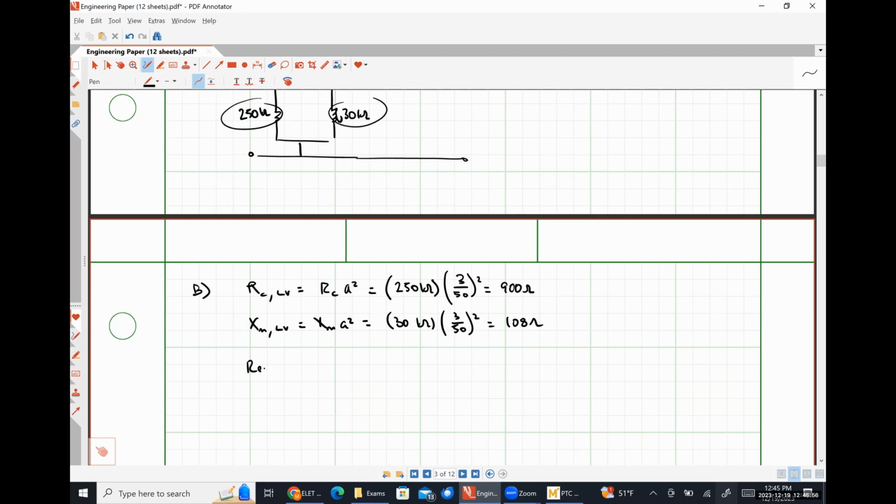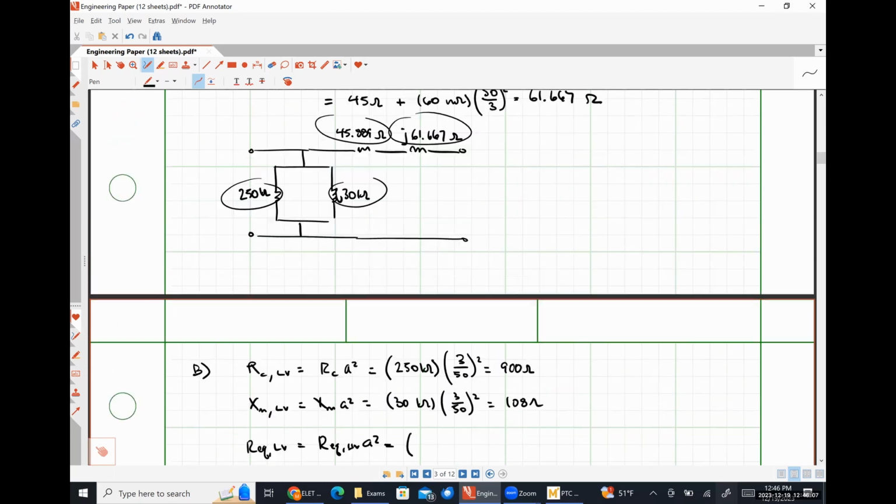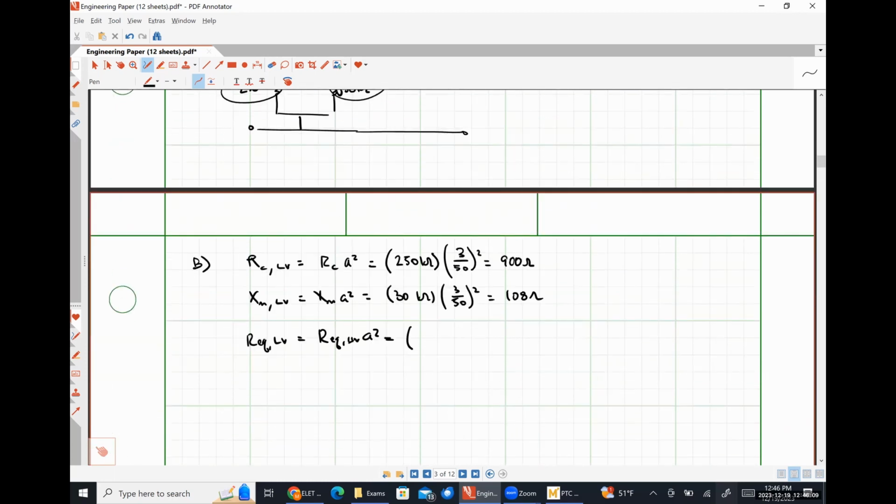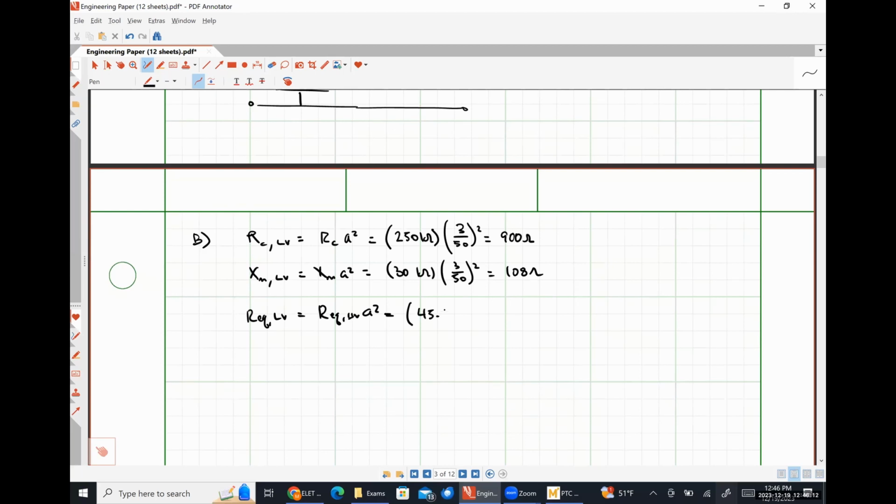And then REQ on the low voltage side is just going to be REQ on the high voltage side times A squared. So that was 45.889 times 3 over 50 squared, which comes to 165.2 milliohms.